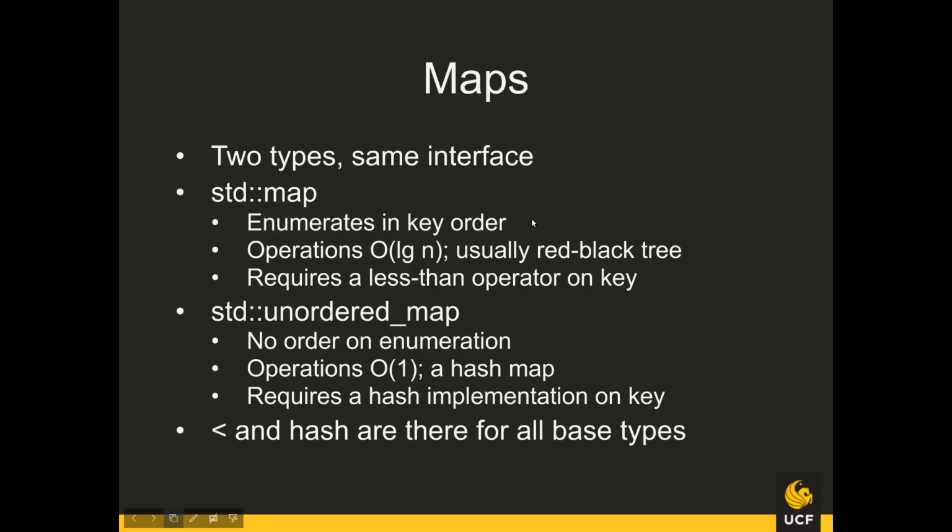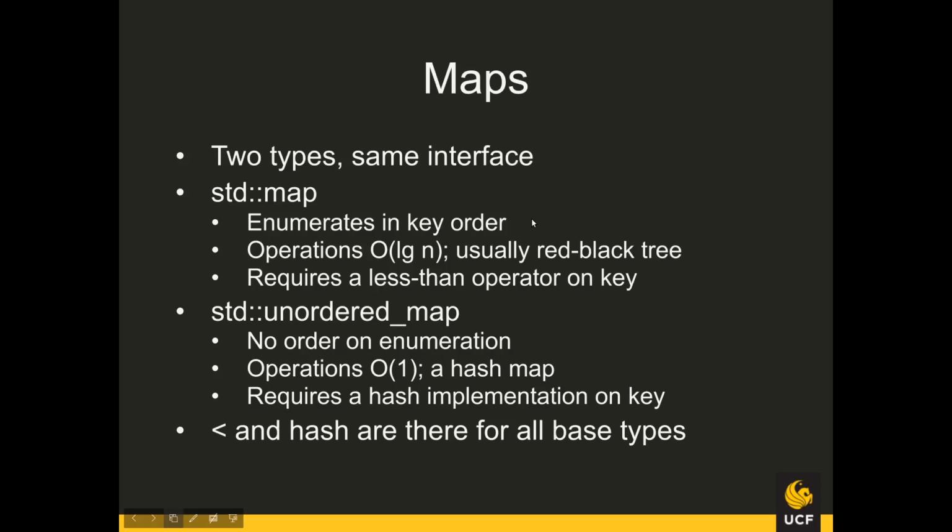So maps, or dictionaries as they're called in some languages, basically it's just a way of saying, hey, here's a key, give me the value back quickly. There are actually two map types, and you want to be clear on which one you're using because performance matters, and this is a performance-functionality trade-off.